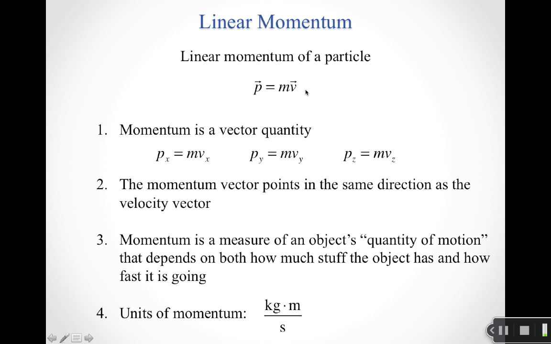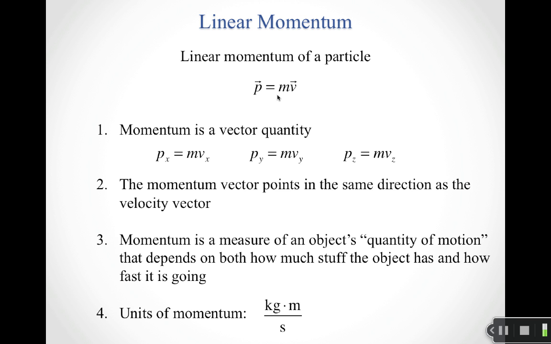What this equation tells us is that if you can think about the velocity, then you really are thinking about the momentum, because multiplying in the mass doesn't do anything to change its direction.